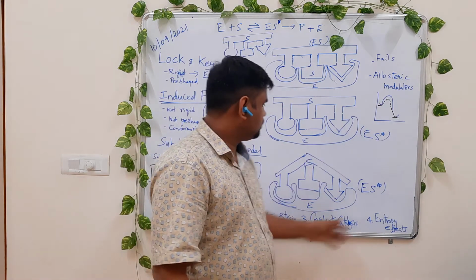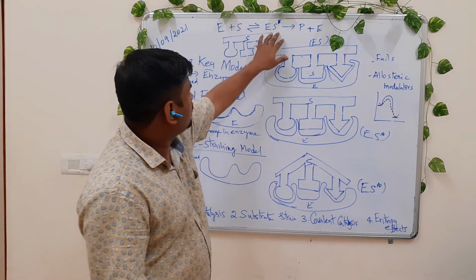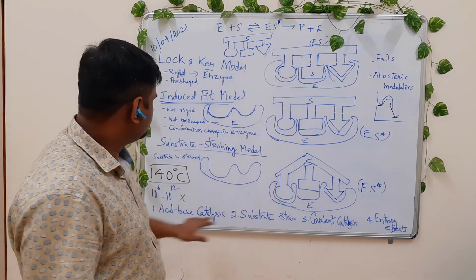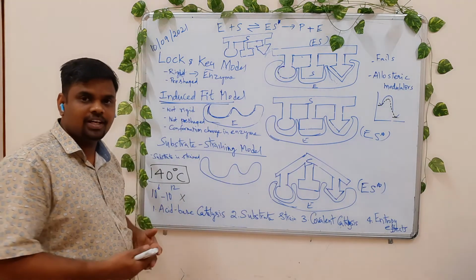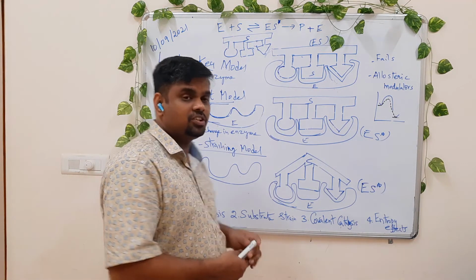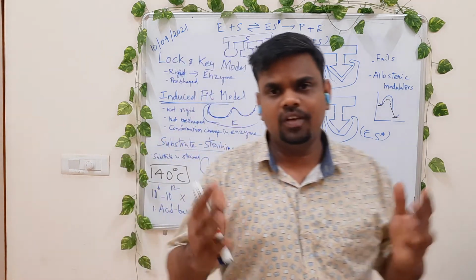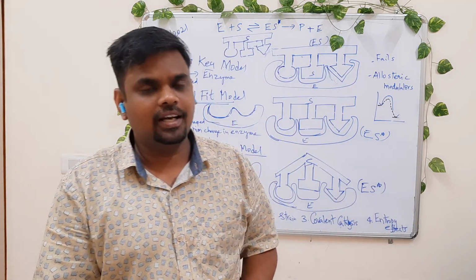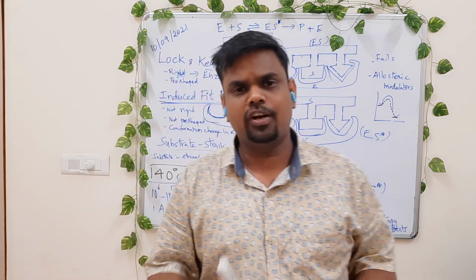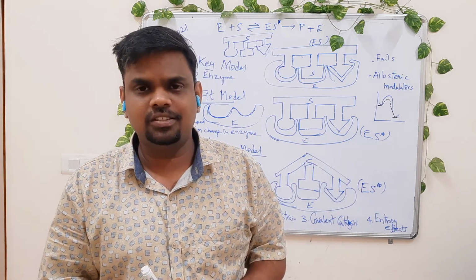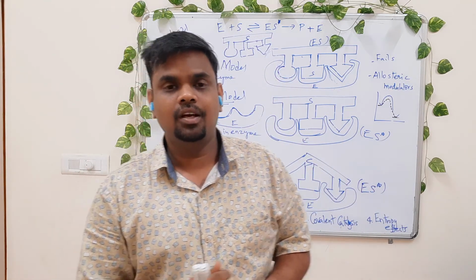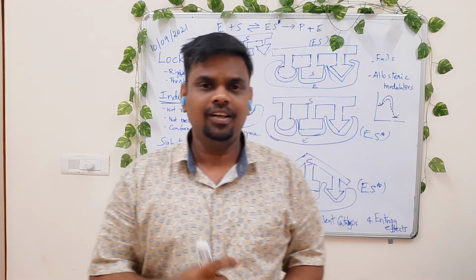So the formation of this intermediate is facilitated and the overall rate of the reaction is enhanced by 10 power 6 to 10 power 12 times when we are using catalysts like enzymes or microorganisms. These biocatalysts are enhancing the rate of the reactions.